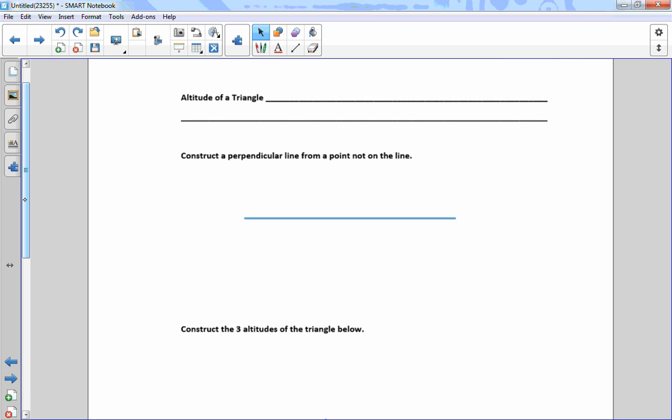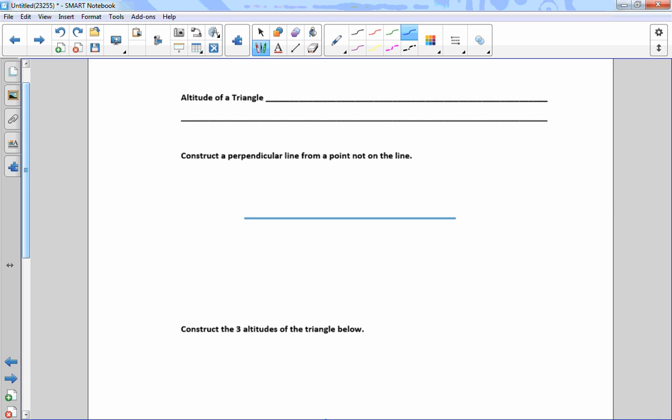Altitude. What does an altitude mean? I think it's a synonym for height. So altitude in the triangle is we're looking for the height of the triangle. Now, depending on how the triangle is rotated, you're looking at different altitudes.